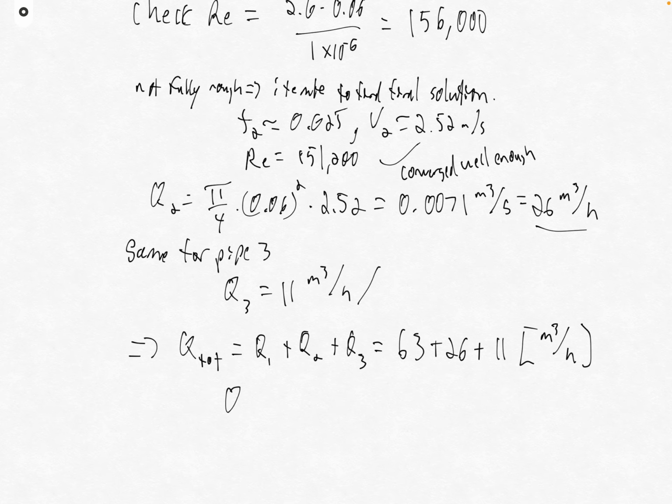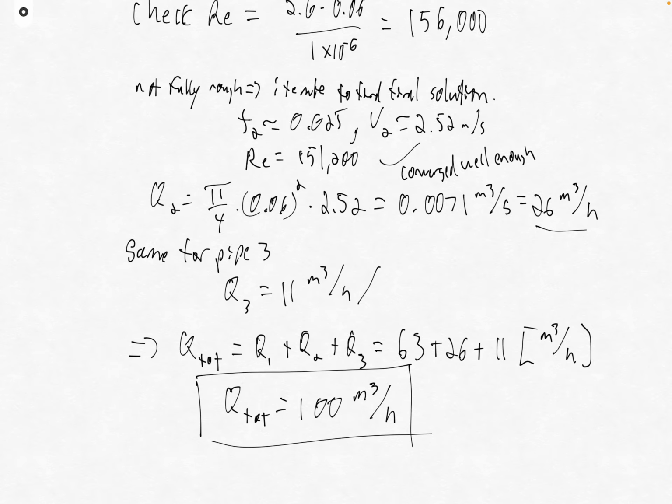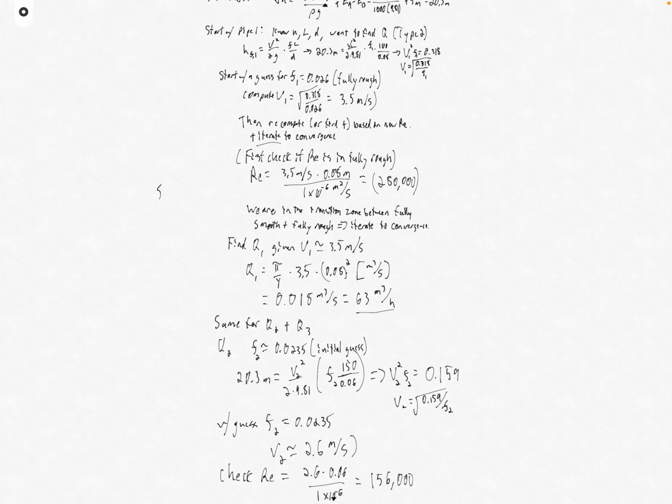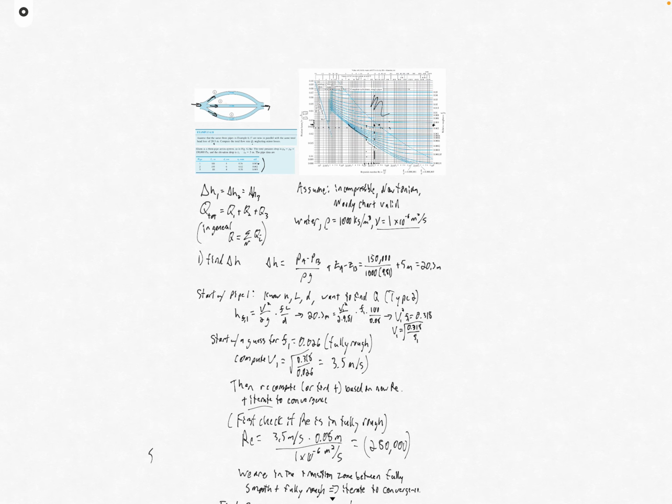So we end up with Q total equal to 100 meters cubed per hour. So that's how we solve a problem asking us for a flow of pipes in series.